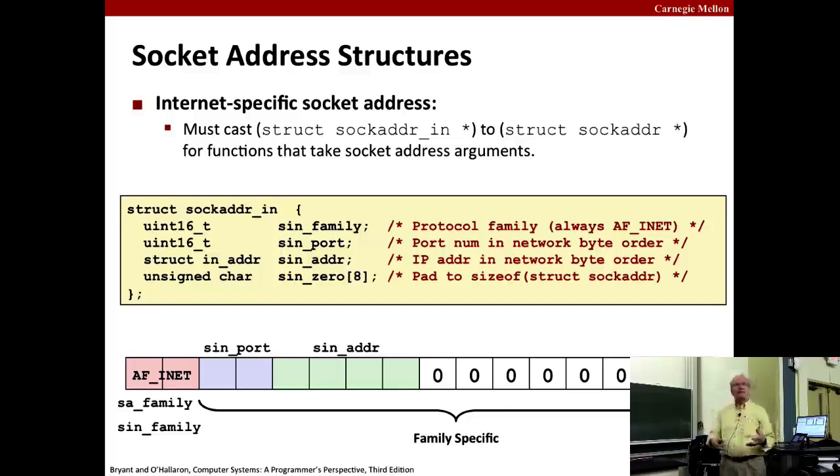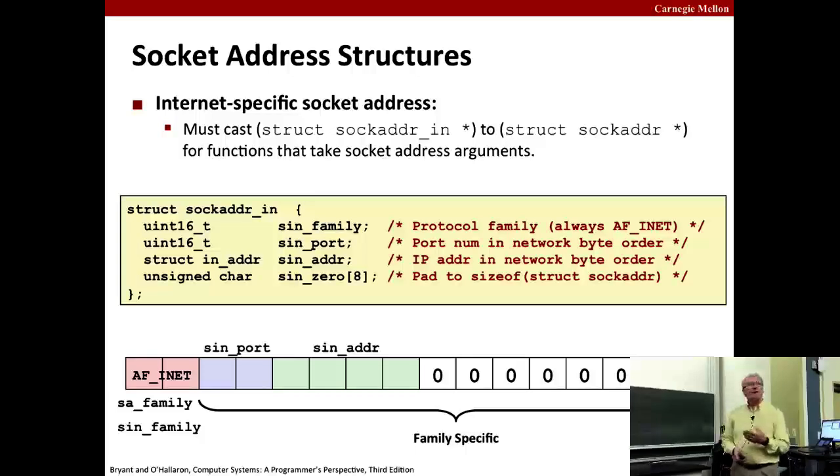It has more information, it's compatible with, but has more information than a sockaddr. And then for IPv6 there's a different kind of struct that they fill in for its information, and then they pad it out with 8 bytes of zeros, just because this particular protocol doesn't require the full 16 bytes.